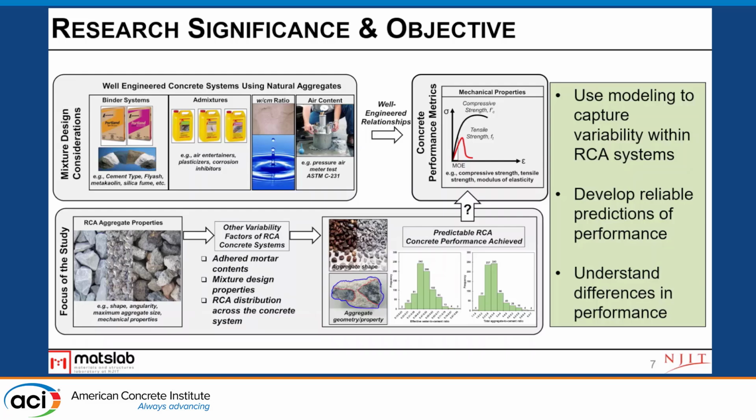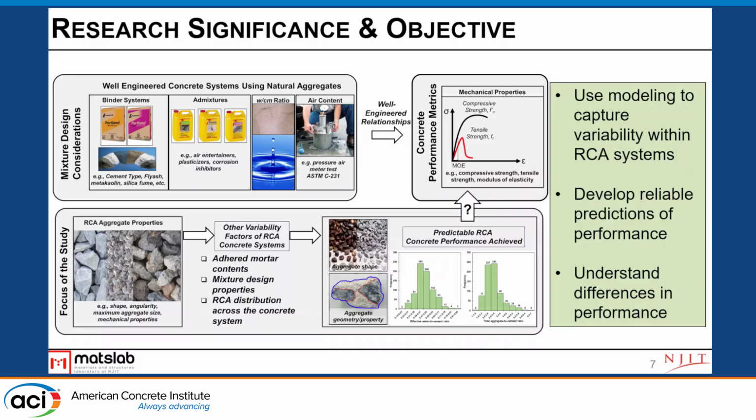You don't know where the adhered mortar is, and I'll give an example at the end here, but basically where the adhered mortar is relative to a reinforcing bar is incredibly impactful to how fast corrosion might start, because chlorides can move through the adhered mortar, but they can't move through the aggregate. So these are things that are really important for us to understand.